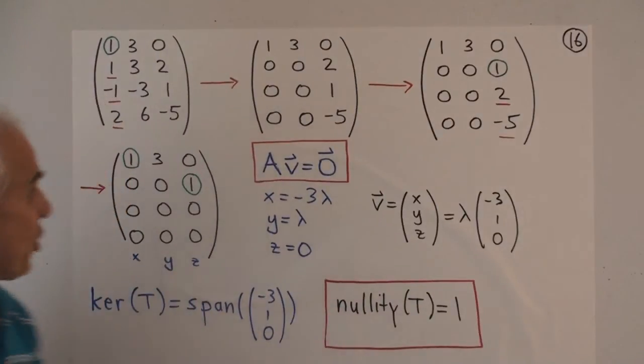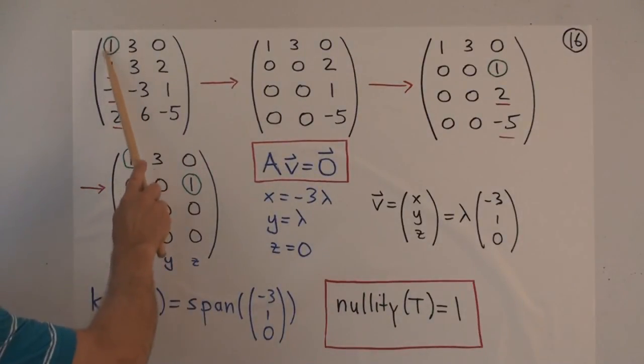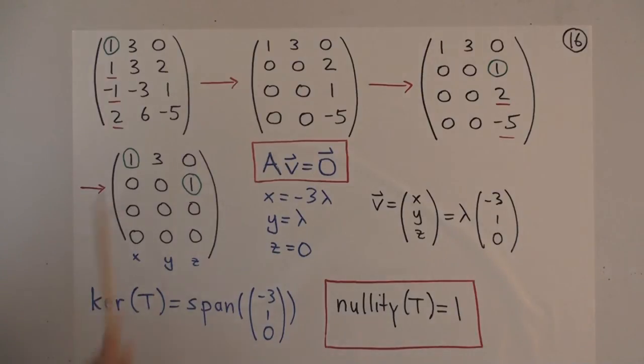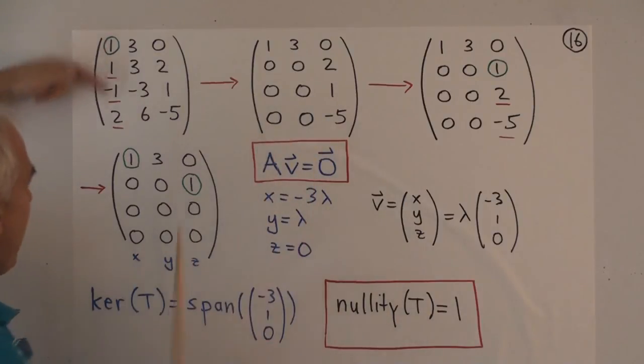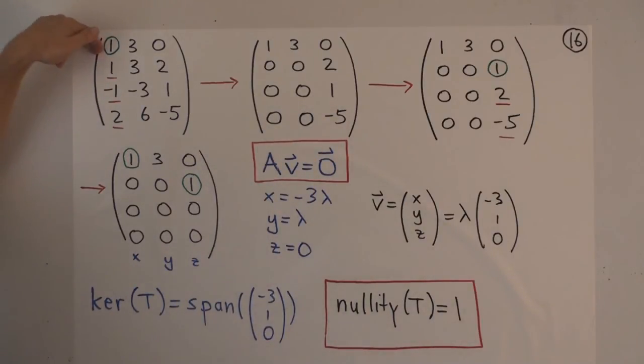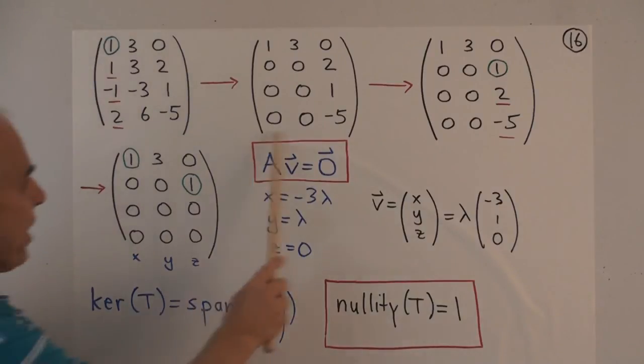So how does the row reduction go? Well, we'll use this as the first leading entry or pivot entry to get rid of the things below it. So second row minus first row, third row minus first row, in other words, third row plus the first row, and fourth row minus 2 times the first row, and we end up with this.